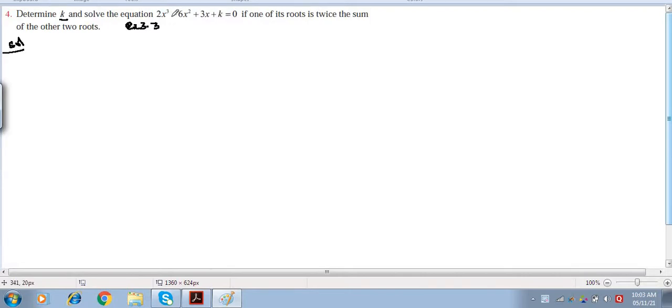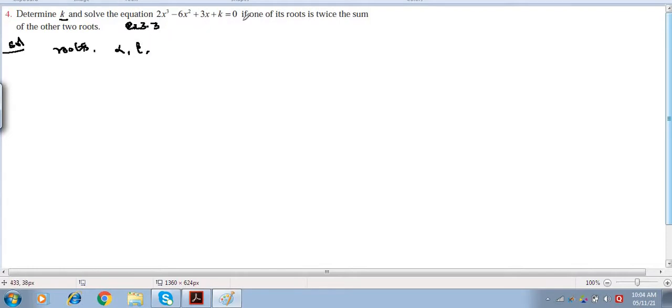For a cubic equation we know that it has 3 roots, but here one condition is given: one of its roots is twice the sum of the other 2 roots. So we take the roots as alpha, beta, and gamma.